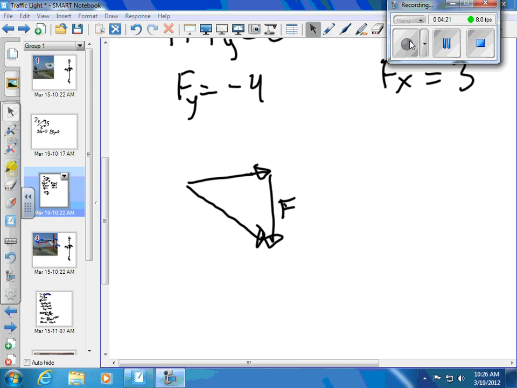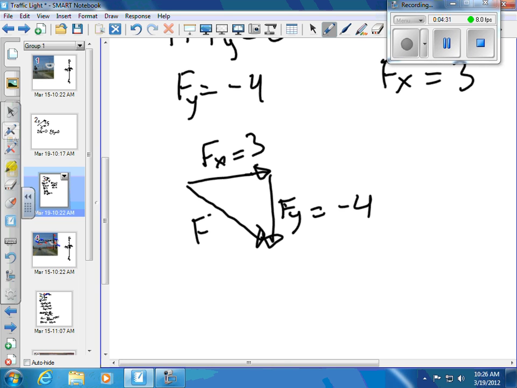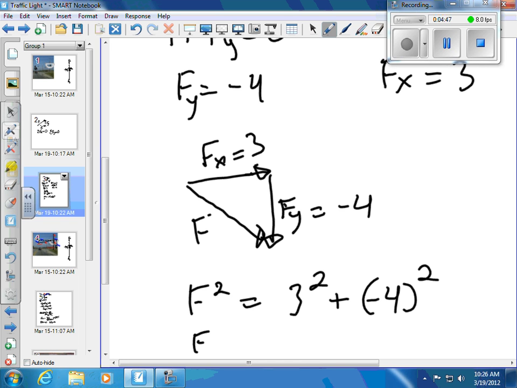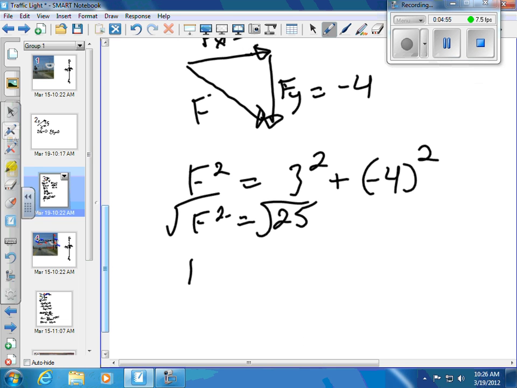So Fy is -4. Fx is -3. We're looking for F. So a squared plus b squared equals c squared. The square root of 25, and F equals 5.